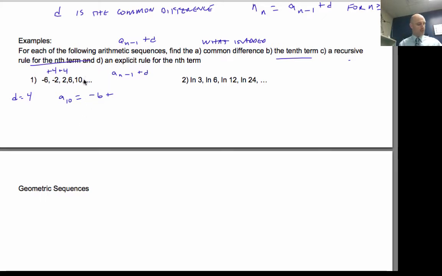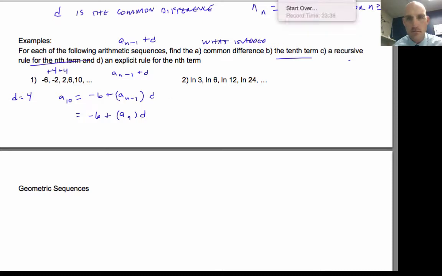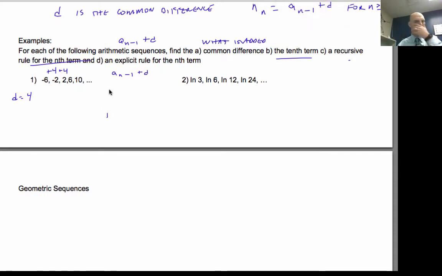Well, what I can do is define it based on my common difference and the term before. So negative 6 plus A sub 9 times D, right? So I know my common difference is 4. We need a little bit more information.